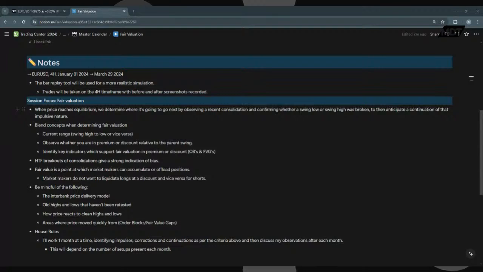Building on top of the previous backtesting sessions, we need to be mindful of the following: the interbank price delivery model, consolidation, expansion, and then either reversal or retracement and then continuation in the direction that we expanded in.